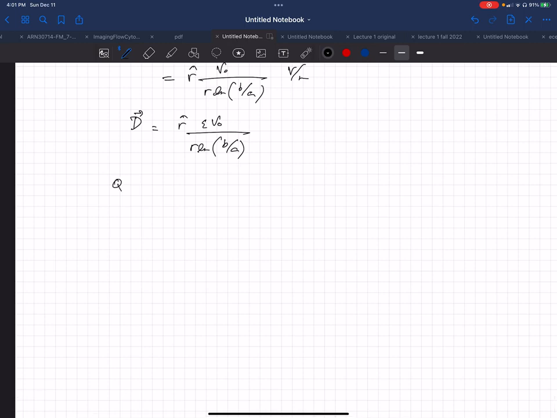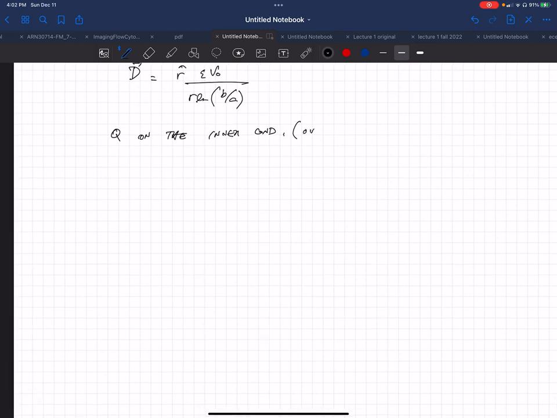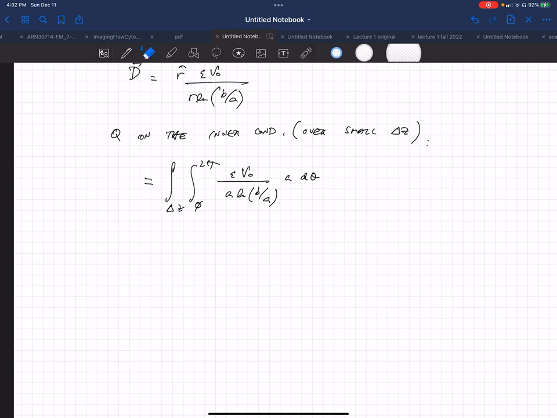And Q then on the inner conductor over a small delta z distance is going to equal the integral of delta z from 0 to 2 pi of epsilon V0 over a natural log of b over a, times a d phi, delta z.